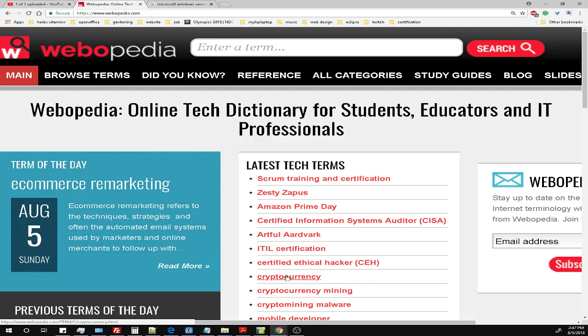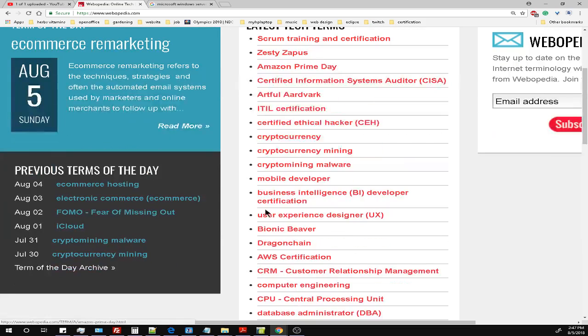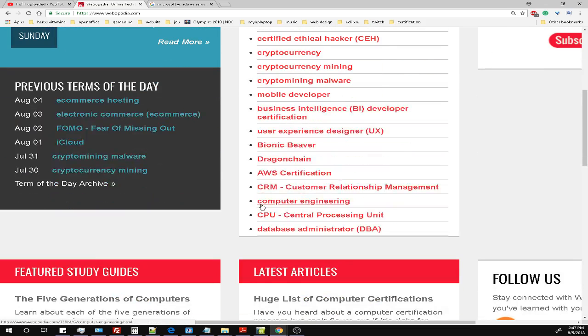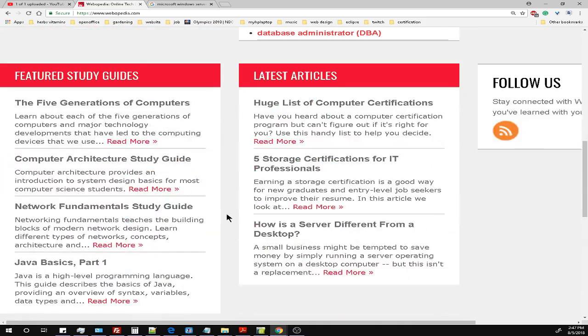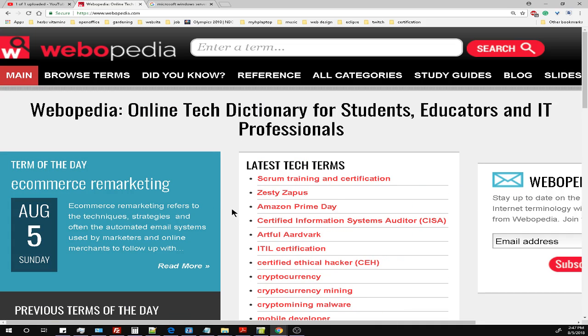I mean, there's cryptocurrency, ITIL certification, certified information systems auditor, Amazon Prime Day, all kinds of computer and technology related information is right here. So this is a great resource as long as you can get through those problems.